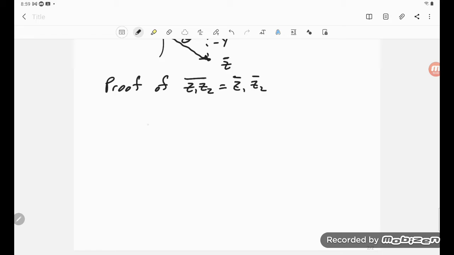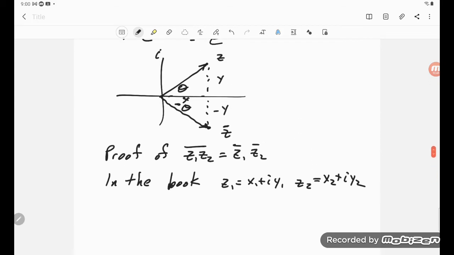So in the book, they prove this by using z1 equals x1 plus i y1, and z2 equals x2 plus i y2, and they go through the algebra of just multiplying all that out and regrouping and pointing out that this is true.